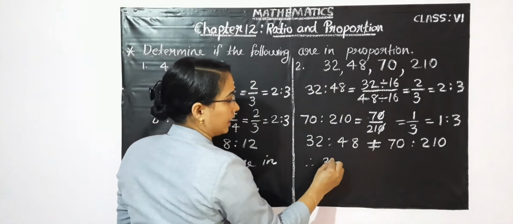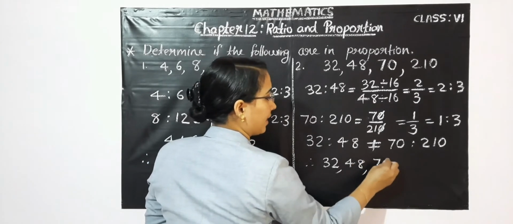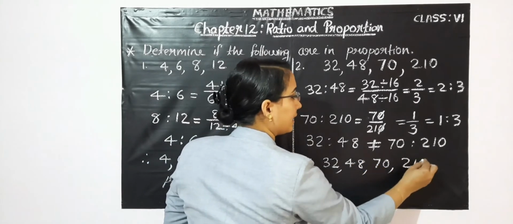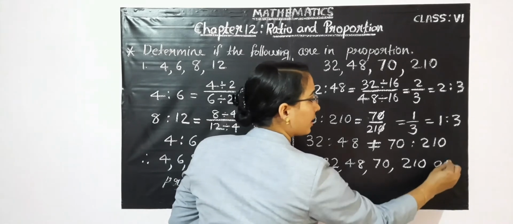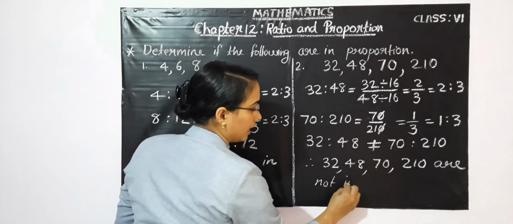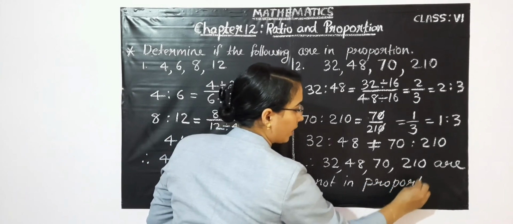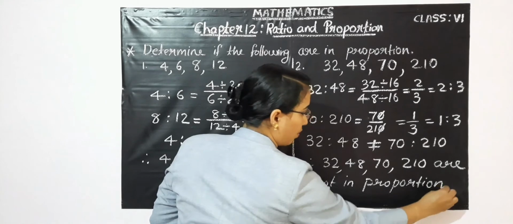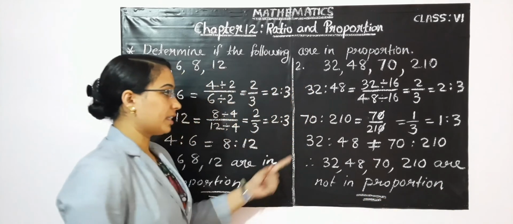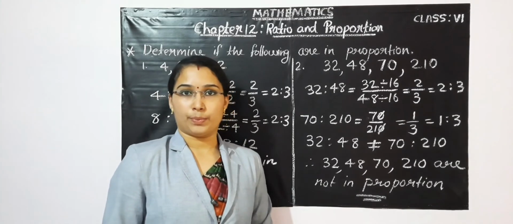Therefore 32, 48, 70, 210 are not in proportion, because they are not equal. If the ratios are equal, they are in proportion. If the ratios are not equal, they are not in proportion.